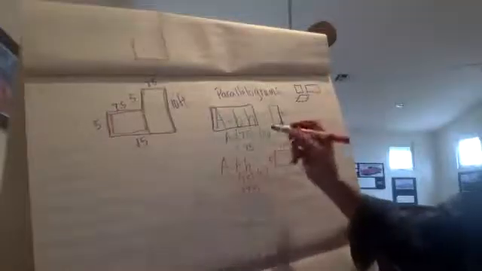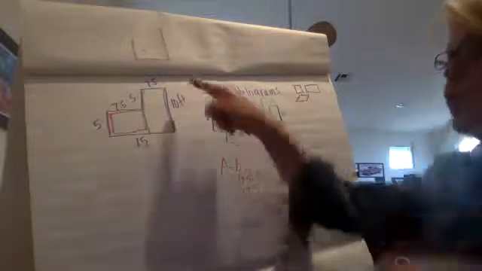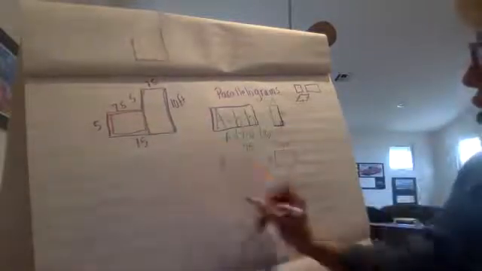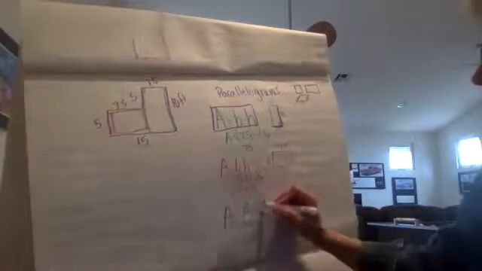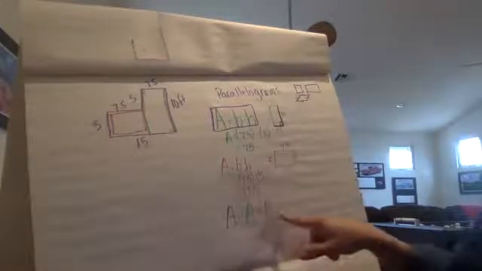So 7.5 times 5 is 37.5. 37 5/10. Yes. So the area of the whole shape that's in purple, just like we did before, should be the green rectangle plus the pink rectangle.